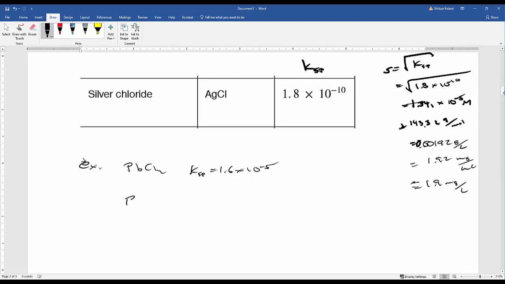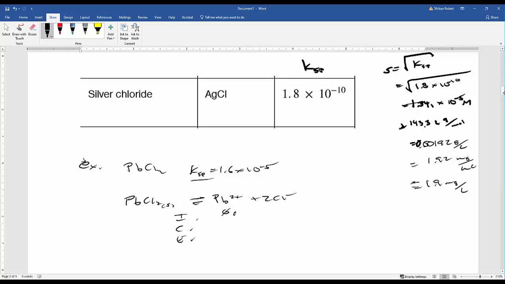But one thing about lead-2 chloride is it ionizes differently than silver chloride. And so the first thing is we'll need the KSP equation. The KSP equation is a solid in equilibrium with its saturated solution. Its saturated solution consists of lead ions and 2 chloride ions here. And then we'll just go ahead and generate an ICE table for this.